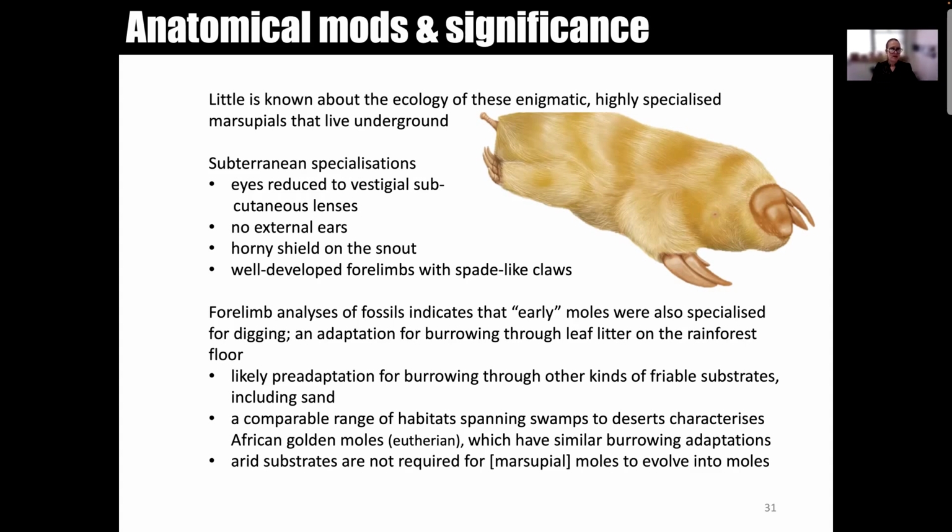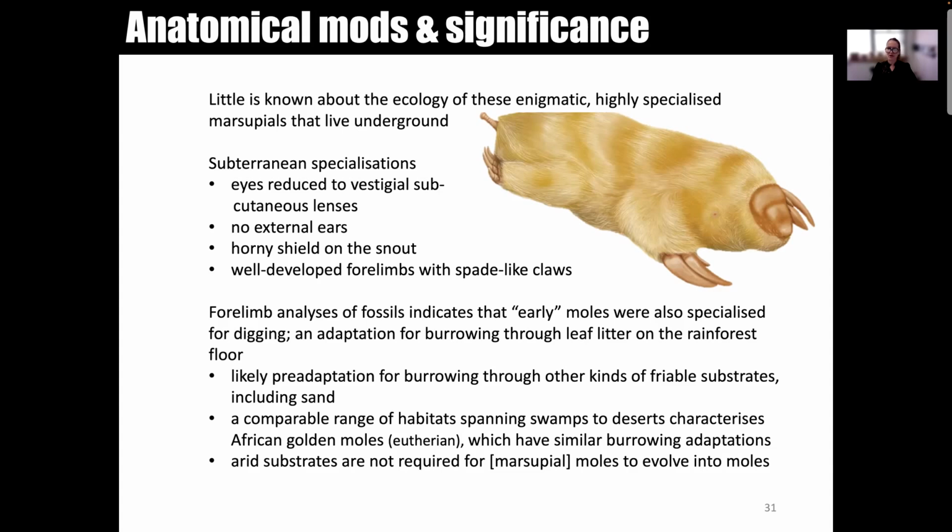The forelimb analysis of fossils has indicated that early moles or pre-moles were also specialised for digging, but this adaptation was more likely for burrowing through leaf litter on the rainforest floor. So this burrowing then became a pre-adaptation for burrowing through other kinds of substrates, including sand.